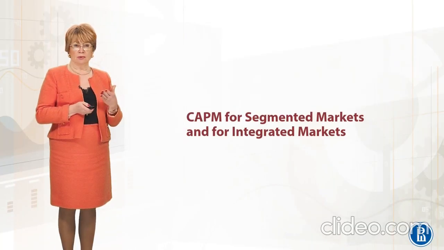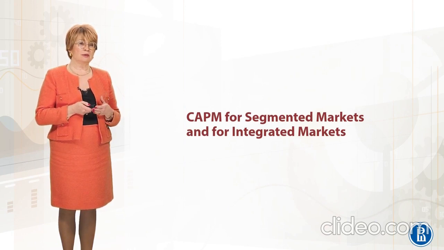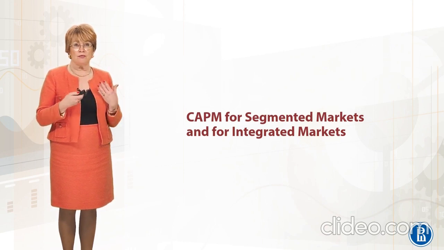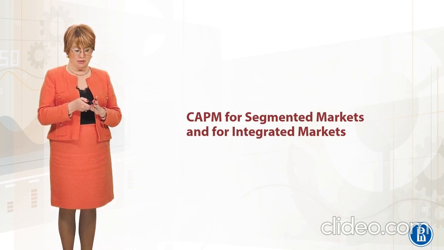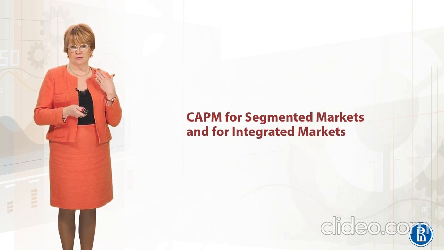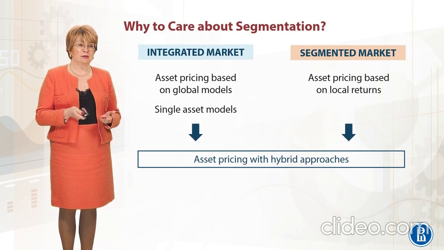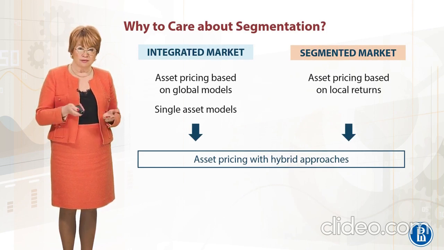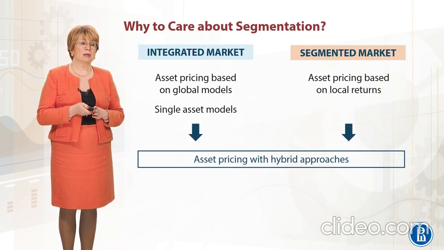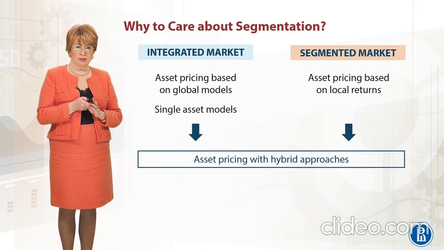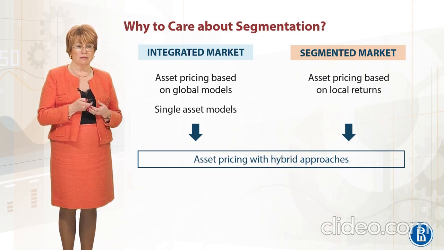Now we move forward. We already understand there could be a difference between segmented capital markets and integrated capital markets within the group of emerging capital markets. And from that difference it follows that the capital asset pricing model should be different as well for these different groups of emerging capital markets. To summarize, why should we care about this segmentation at all?